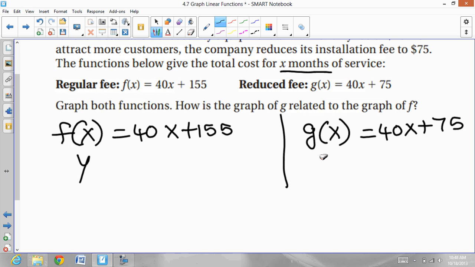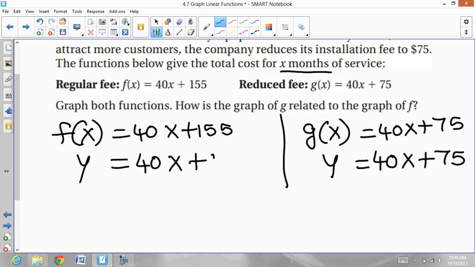My g of x, the whole entire thing, is actually nothing but my y. So I'm going to rewrite this to look like y is equal to 40x plus 75, and this to look like y equals 40x plus 155. Try and understand, I did not change anything except the way they look.